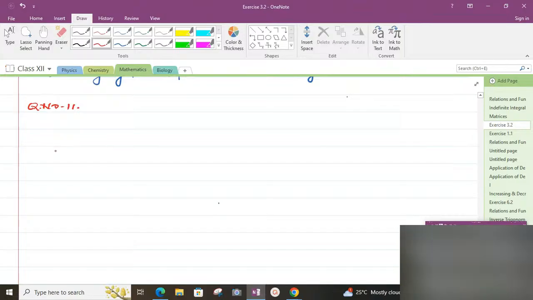So, in question number 11, it asks us to solve the equation cos tan inverse x equal to sine cot inverse 3 by 4.